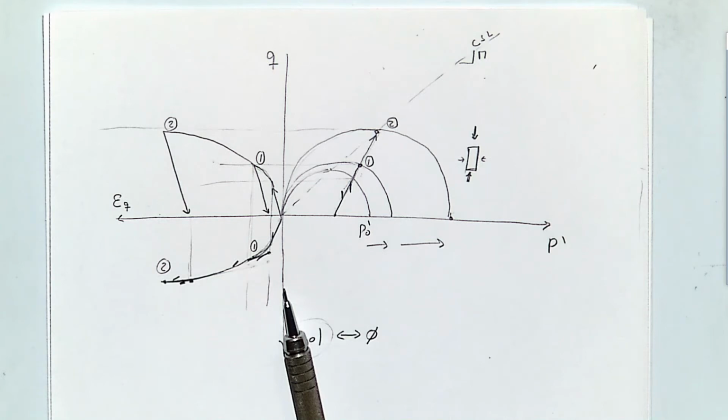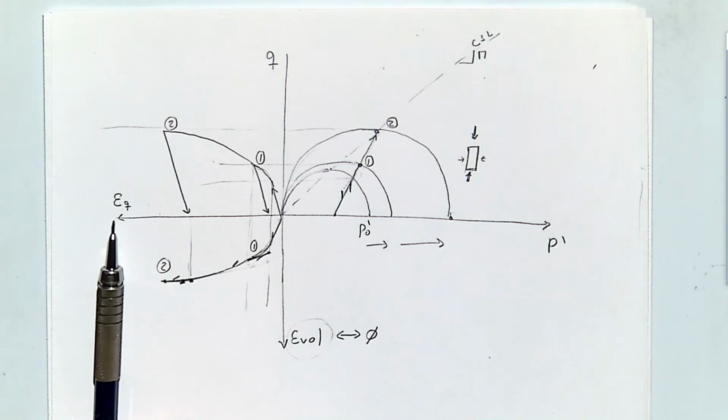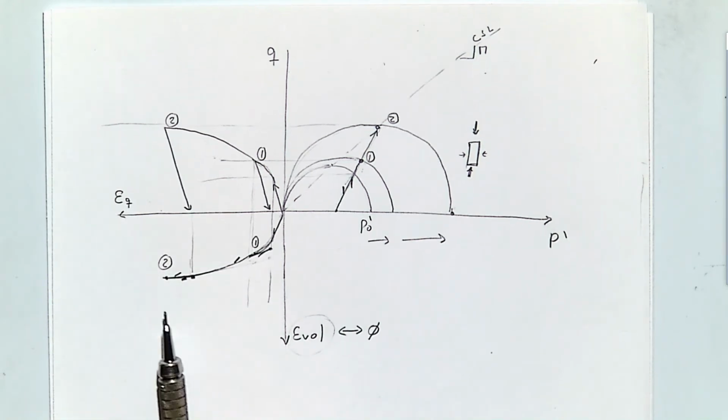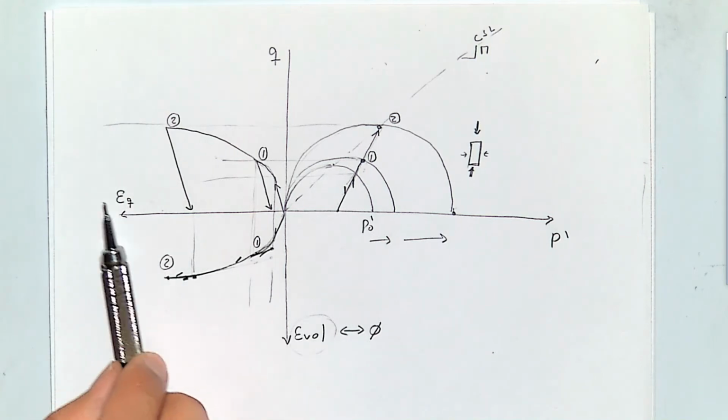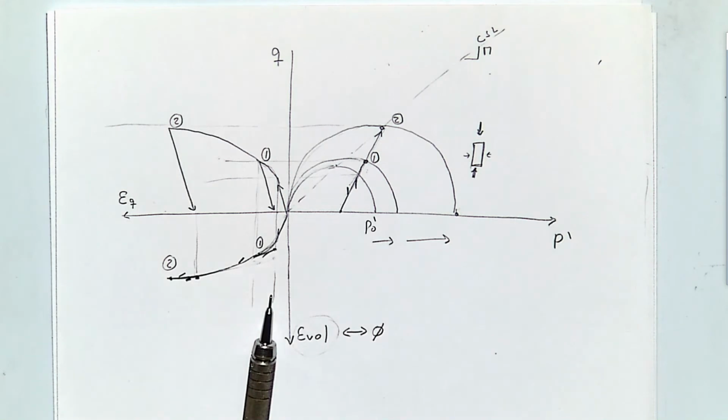But there is a displacement that you're not going to ever recover. That's EQ. That's the plastic deviatoric deformation. You see a change in this deformation, but you do not see anything in the volumetric part.